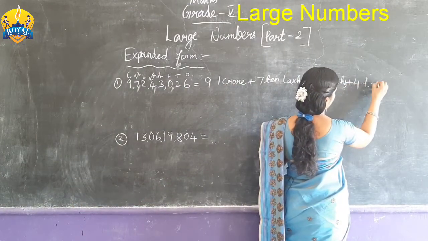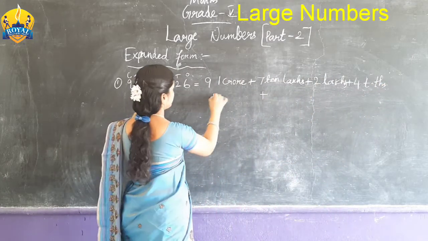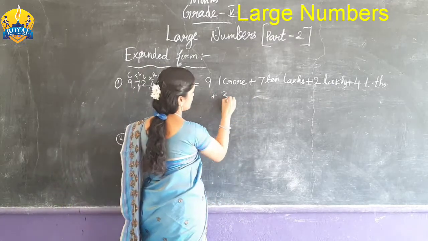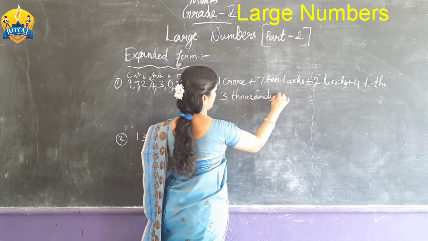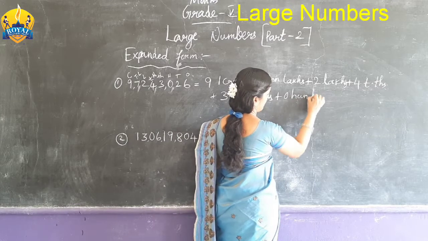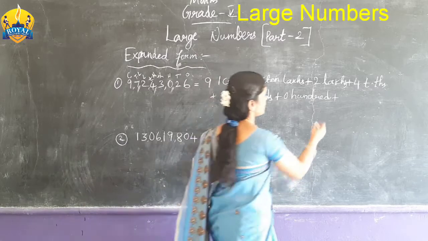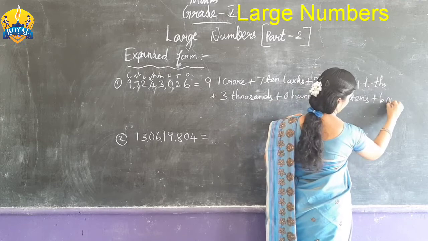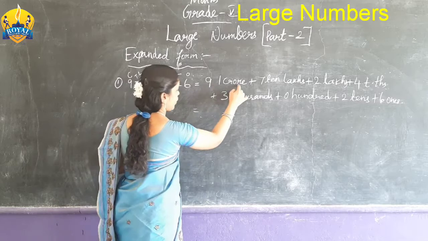So 4 10,000s plus the next one 3,000s, plus 0 hundreds, we write 0 100, plus 2 tens and 6 ones. Okay. Is it clear? The next one 9 1 crore, right?